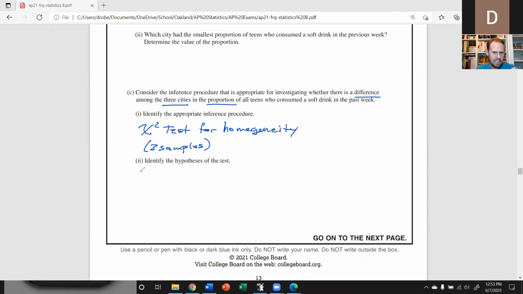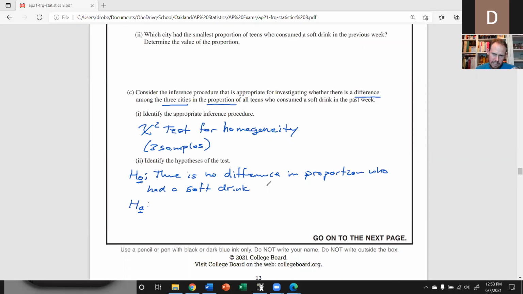Identify the hypothesis for this test. All right, so remember the hypotheses for chi-squared were H0, null, and Ha, alternative. So H0 would mean there is no difference in proportion who had a soft drink in each city.